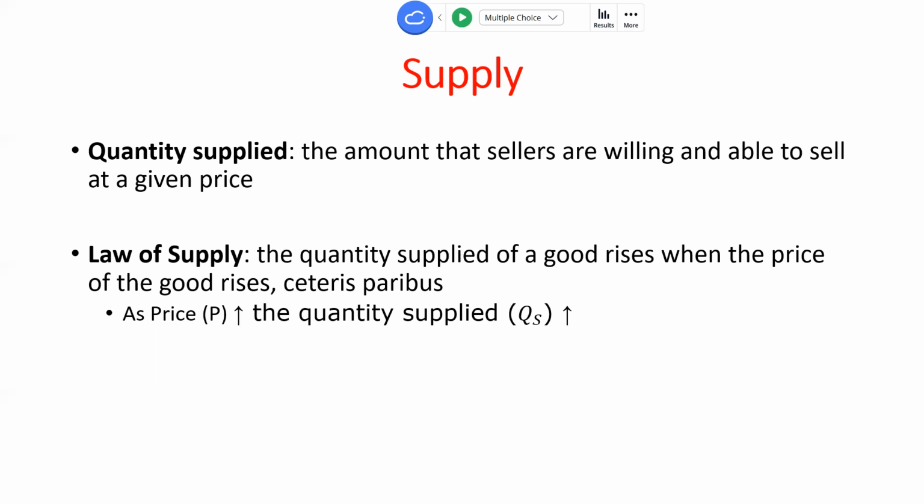Maybe I get lumber from the cheapest source first, but if I want to keep building more homes, I run out of supply from that person and I have to go to the next. So we generally think of supply representing marginal costs that are increasing, just like demand represented marginal benefits that were decreasing as I bought more and more.